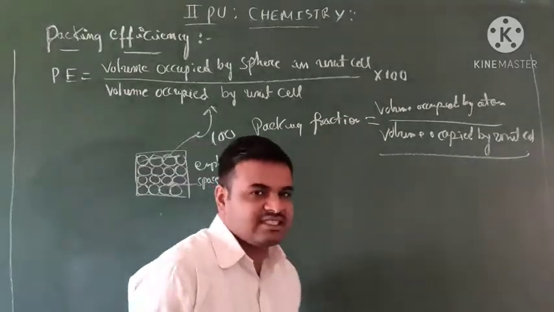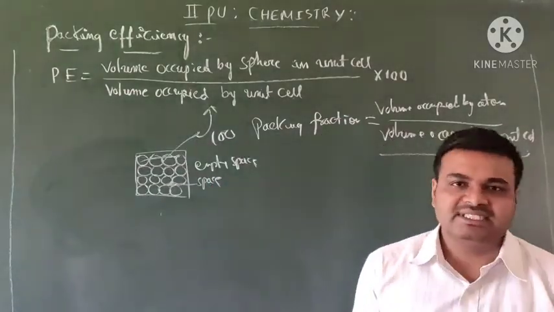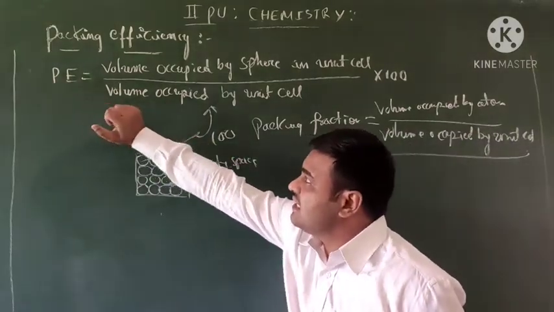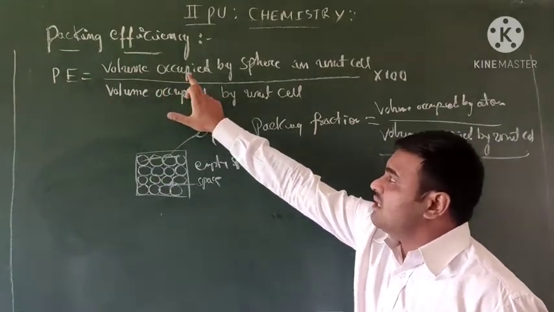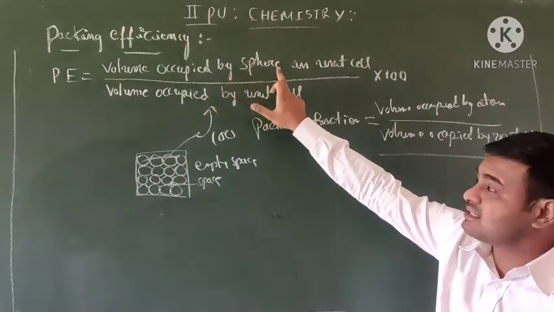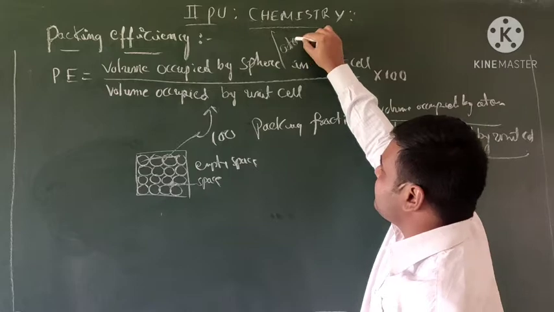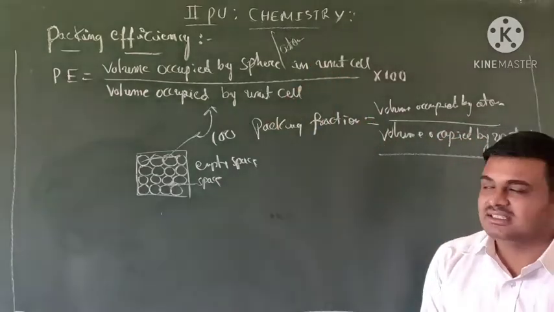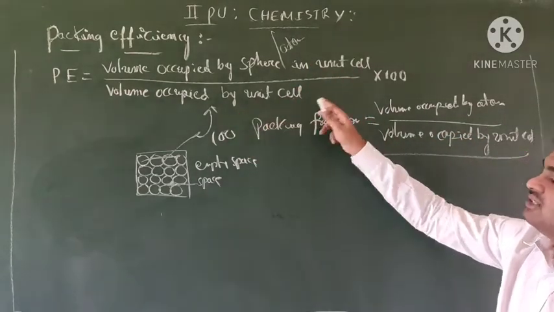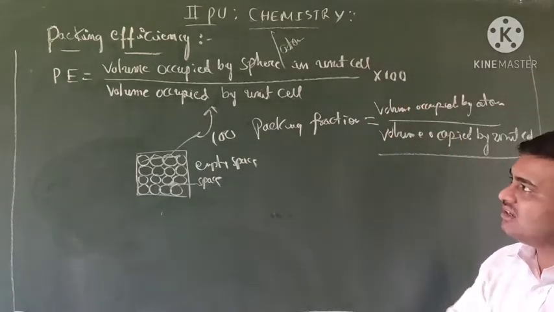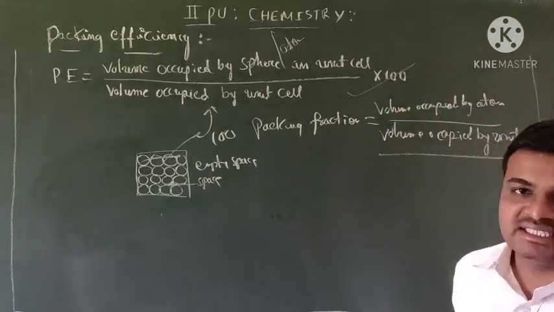Now going to the definition of packing efficiency. Packing efficiency is the volume occupied by spheres, atoms or particles in a unit cell divided by the volume of the unit cell, into 100. This is called packing efficiency.